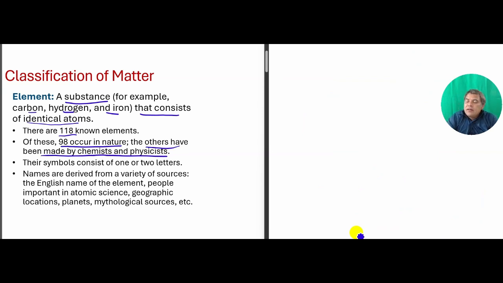The symbol consists of 1 or 2 letters. Some element symbols are just a single letter, and for some we take 2 letters. For example, hydrogen, oxygen, nitrogen, carbon and sulfur, we take 1 letter.